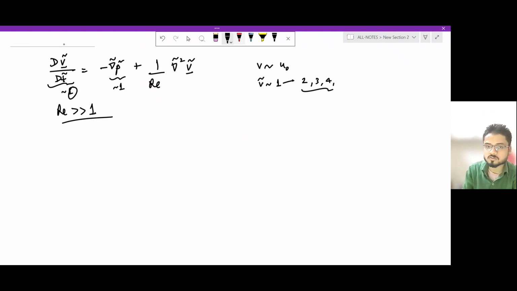So if RE is much greater than 1, then these terms right here compared to these terms would be much greater. That is, for a Reynolds number much greater than 1, this entire term is insignificant compared to the pressure gradient.